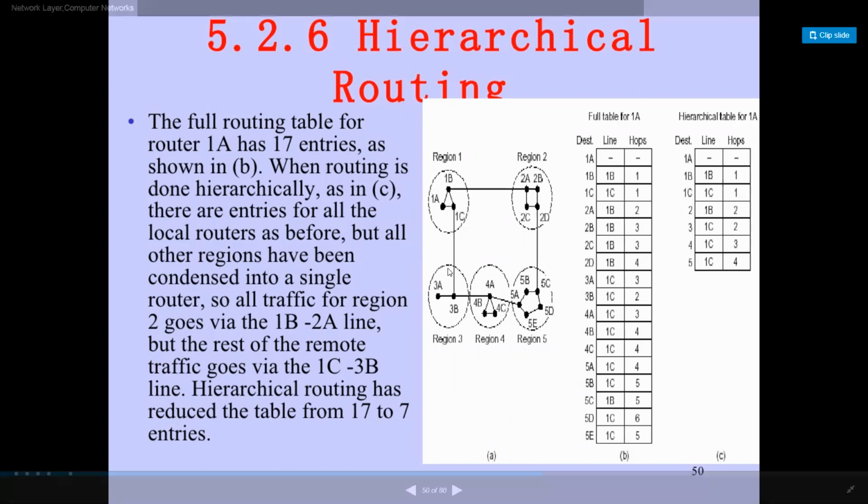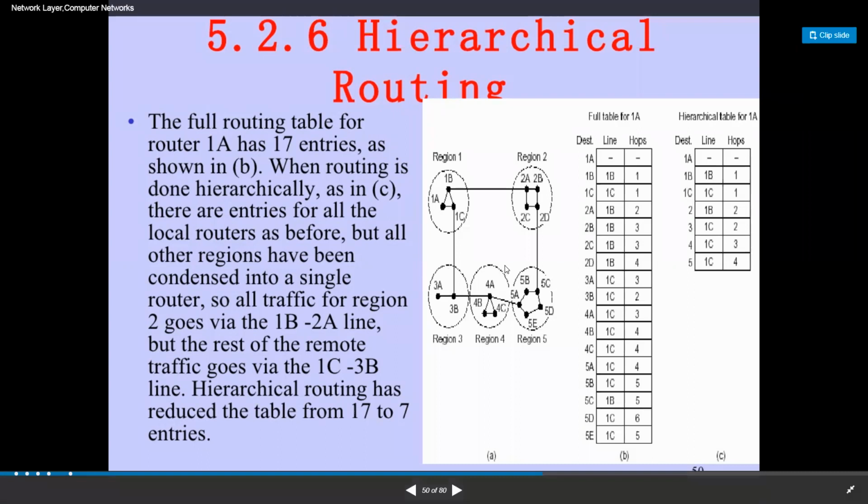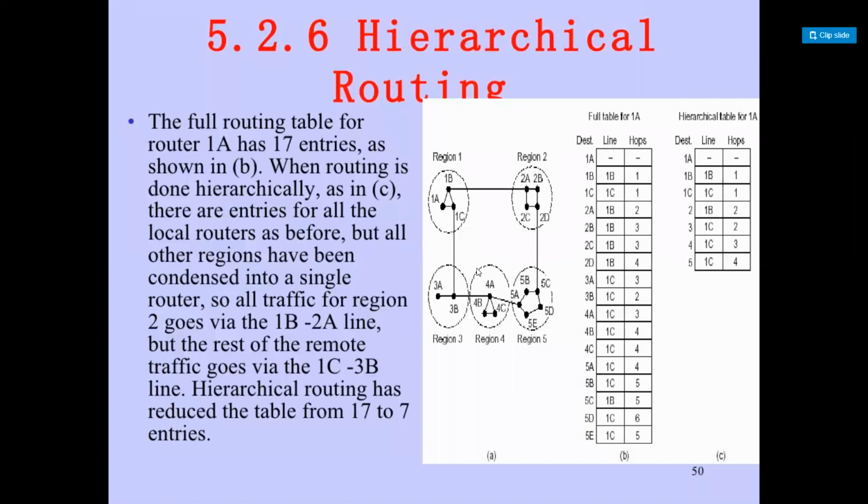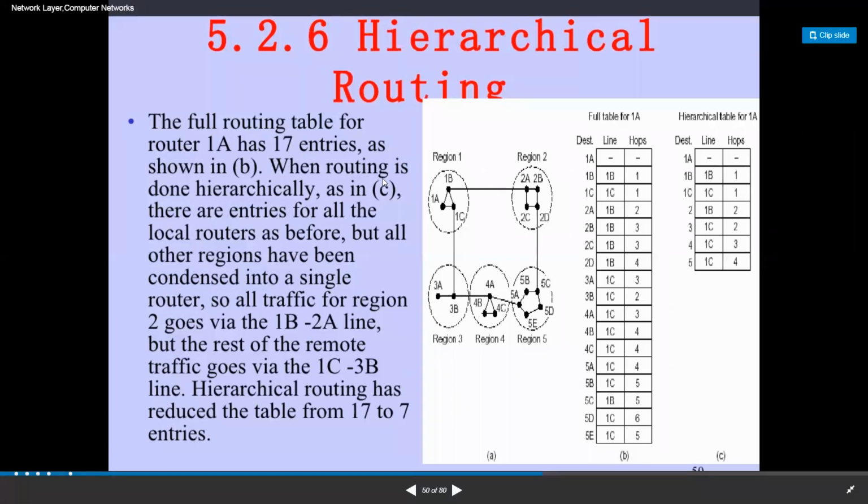It is called hierarchical routing because the regions have been divided and the routing is done hierarchically.